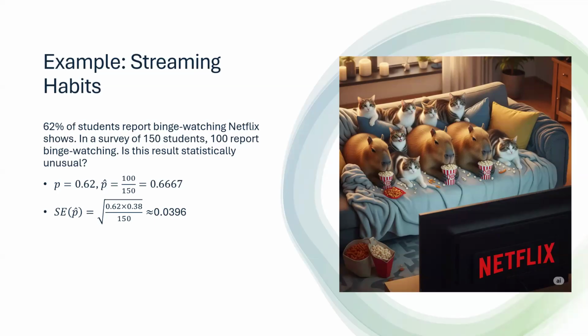We get about 0.0396. Then z is 0.6667 minus 0.62 over 0.0396. Is that result statistically significant? What do you think? It's not more than 2.